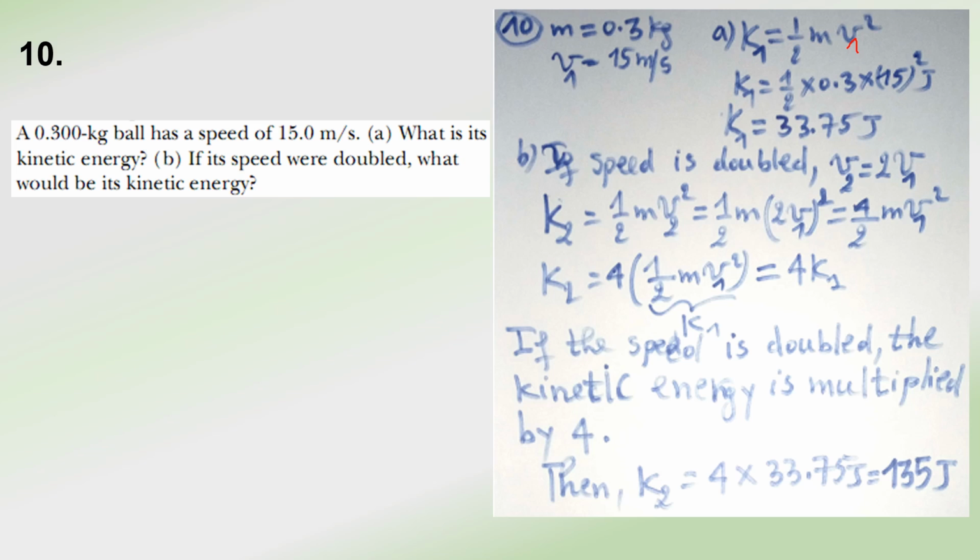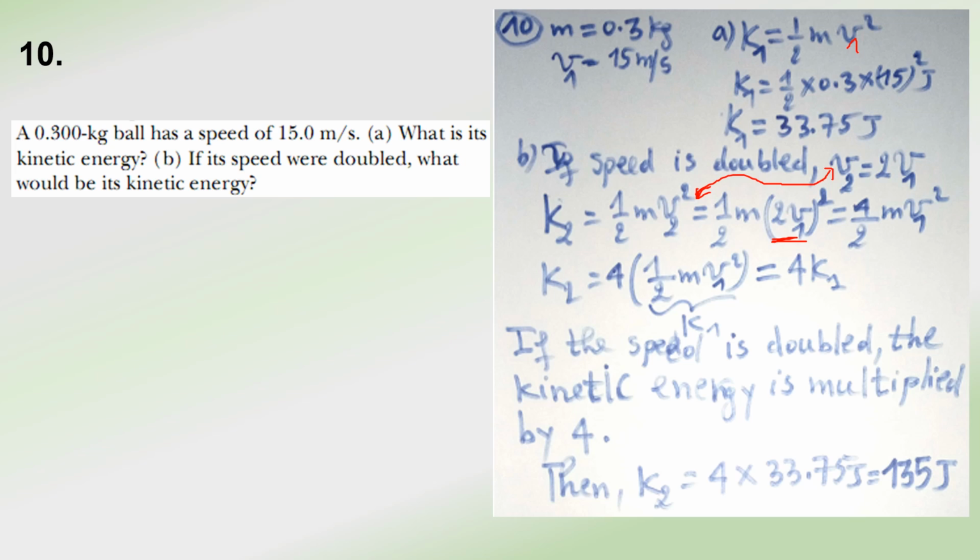Since this second velocity is equal to 2 times the initial velocity, we can replace the second velocity by this value, giving 2 v1 squared times 1 over 2 mass.